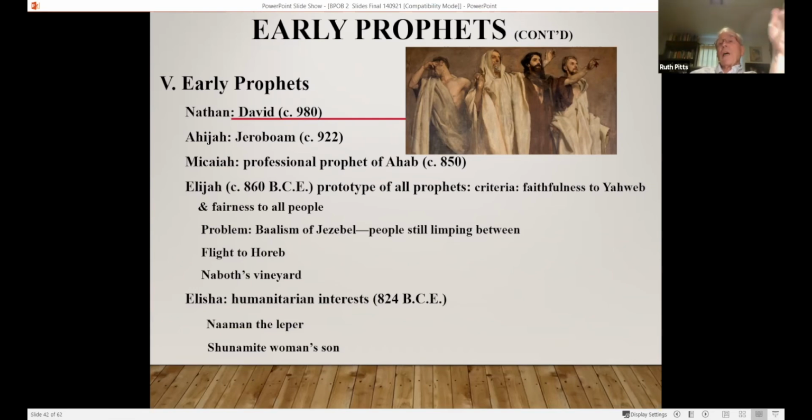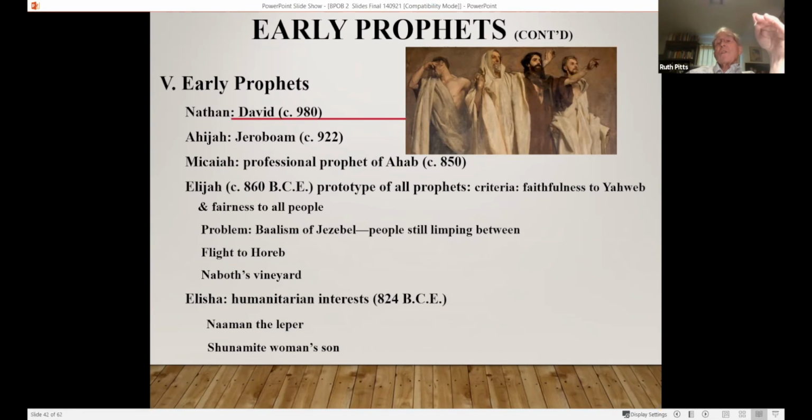And then Jezebel was after him. And so he became a great long distance runner and ran all the way, we're told, to Horeb, which is another name for Mount Sinai, and there received just reassurance from God in his melancholy, in his despair and depression.